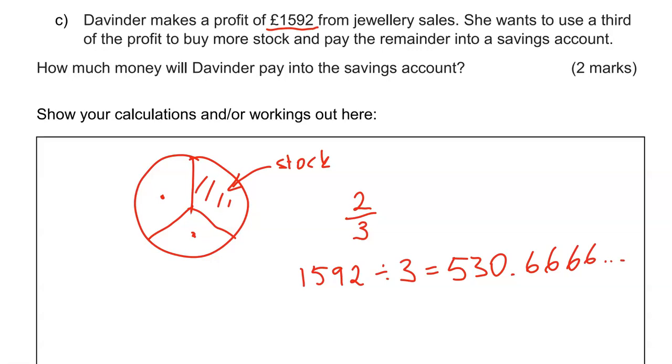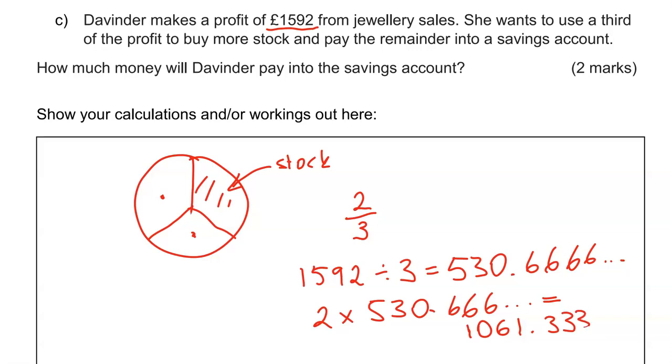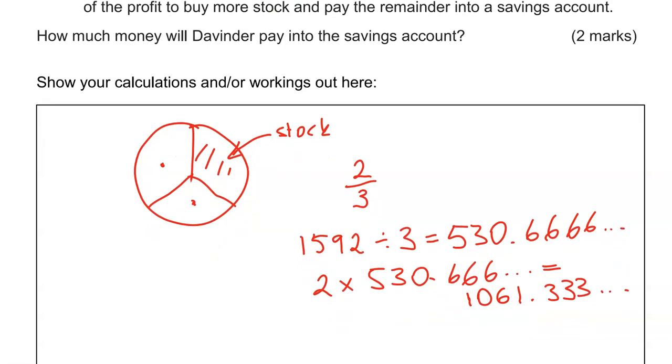So this gives us 530.666, so 6 is recurring. So if we multiply that by 2, so just keep it in the calculator as it is and multiply by 2, and that gives us 1061.333 and so on.